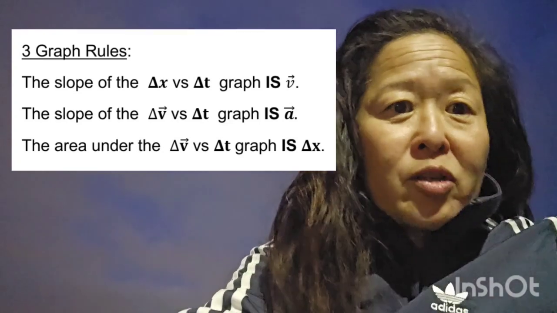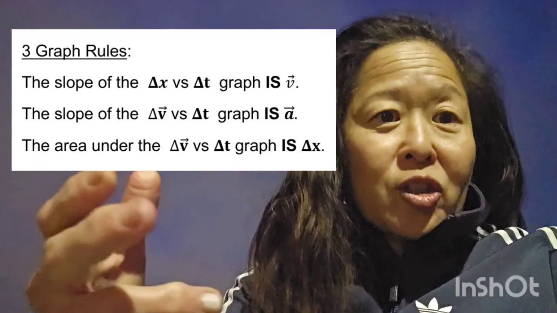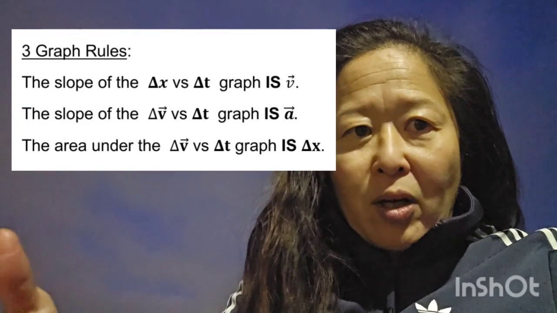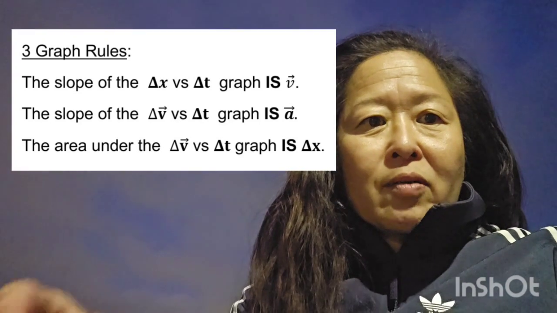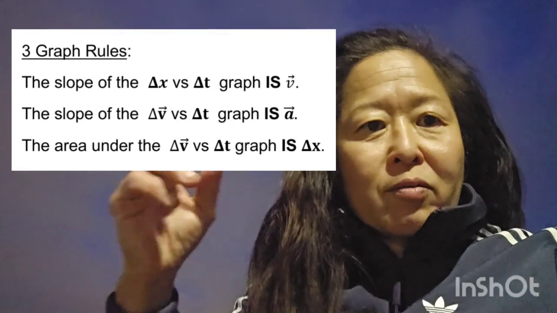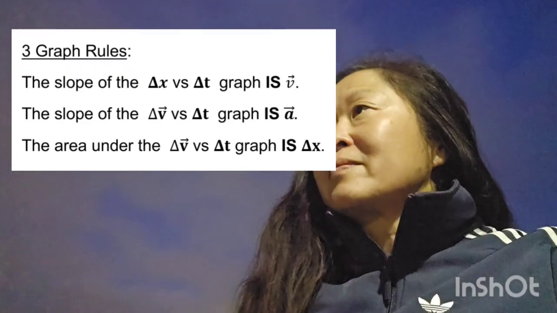And whatever that number is, whether it's positive or negative, that is in fact essentially how far the object traveled, its change in position. Okay, so for the motion graphs, we have to remember about 2 slopes and 1 area.